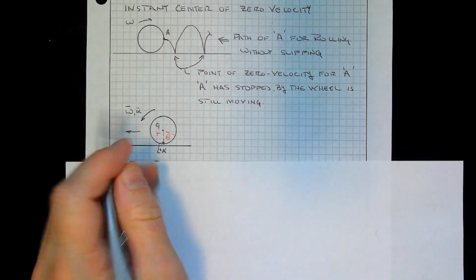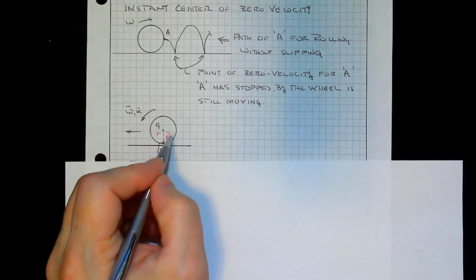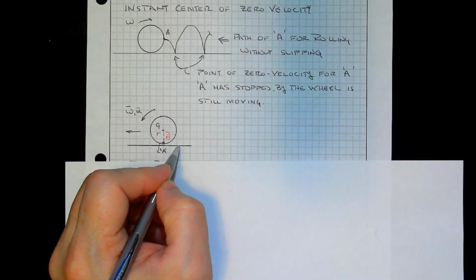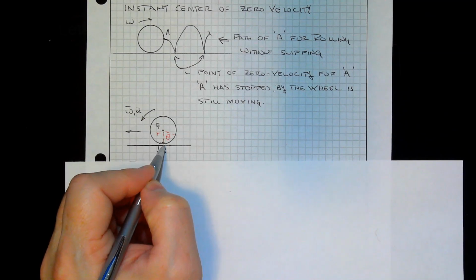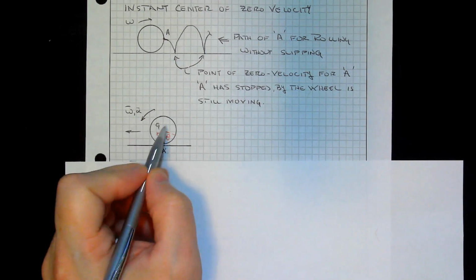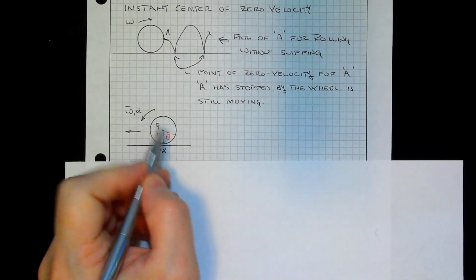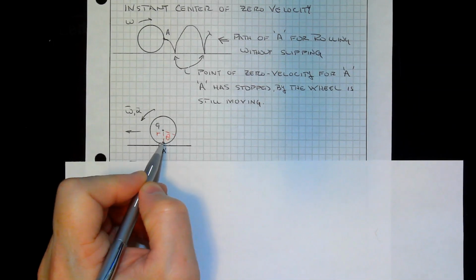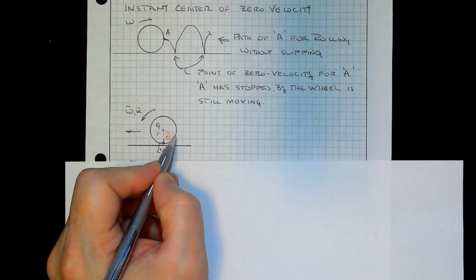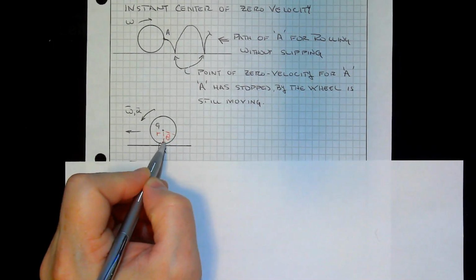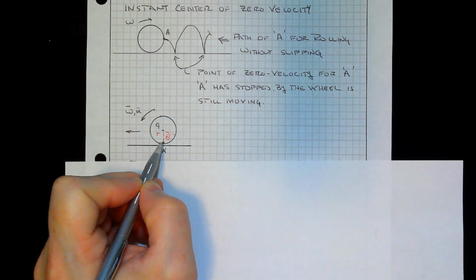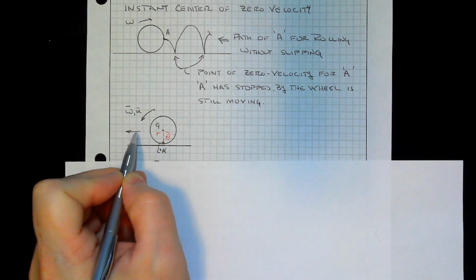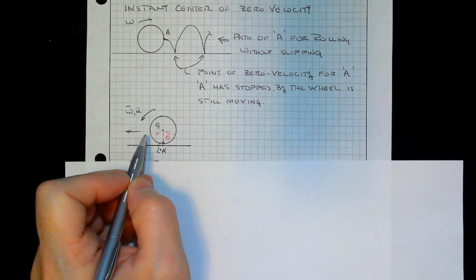Now, if this thing were to roll, let's say a little while ago, this point here was down on the ground, and now this point A is on the ground. Well, how far has this wheel rolled? This path length, if this rolls without slipping, this arc length here will be the path length. If you get one roll of the wheel, the distance you'll travel forward would be the circumference, 2 pi r.